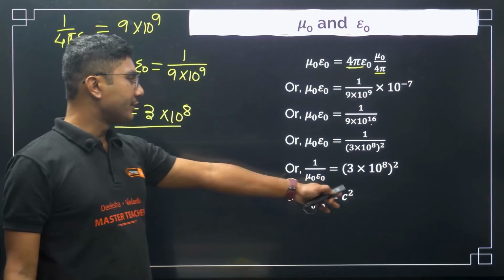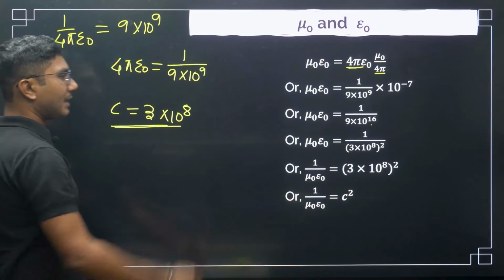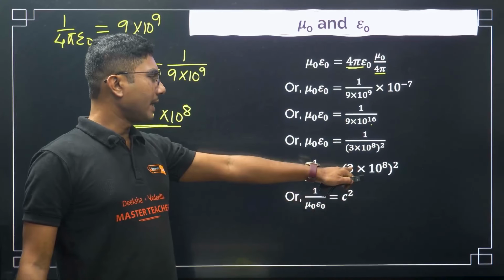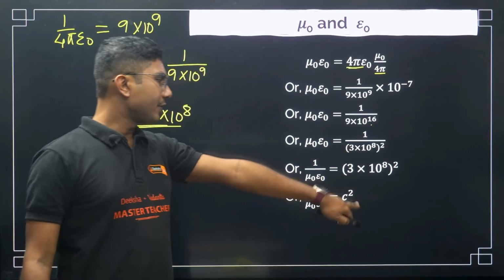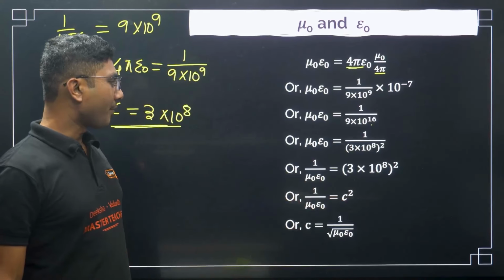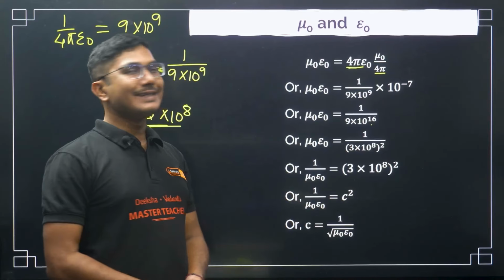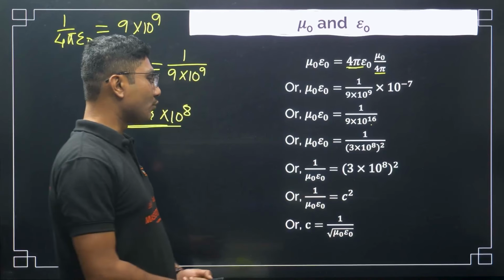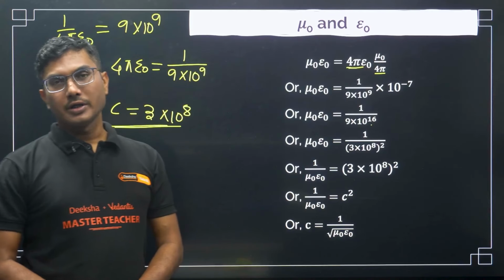So we can write this as c squared, and from there we can show that c is exactly equal to 1 upon root of mu naught into epsilon naught.